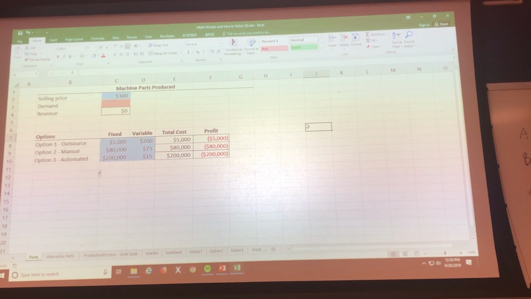But now when I go to do the break-even analysis, I'm going to do it independently on the first option, the second option, the third option. So one of the things that I'm going to be looking at is that break-even is when profit is zero, okay? It's when your revenue and your costs are equal to each other.